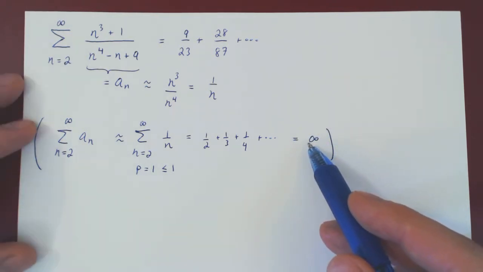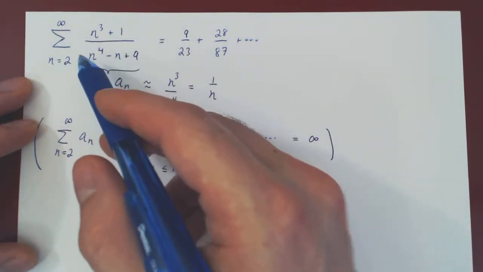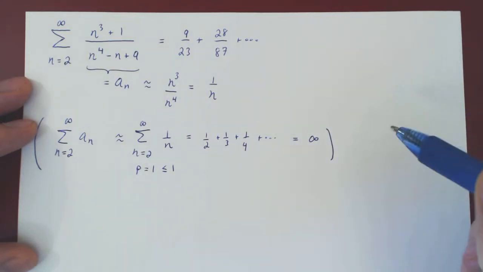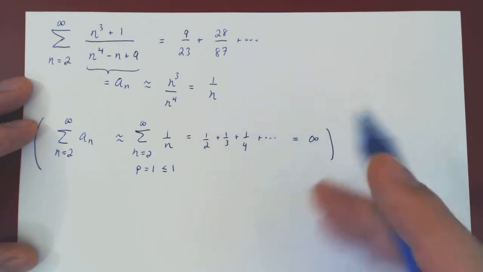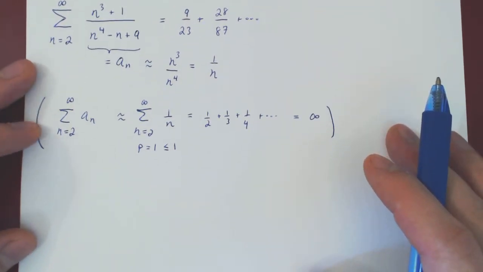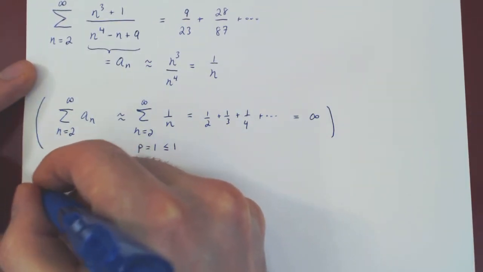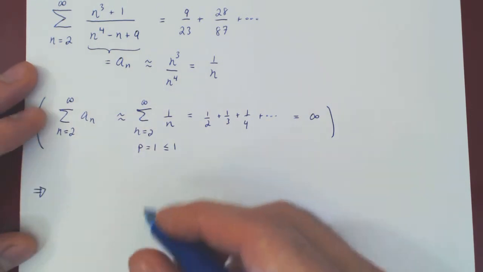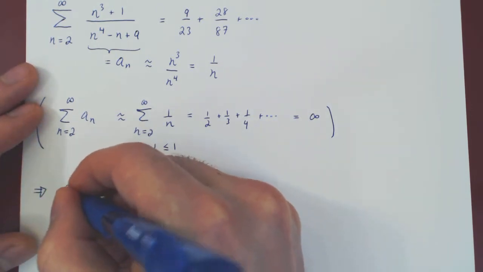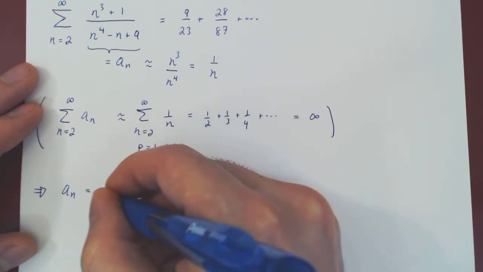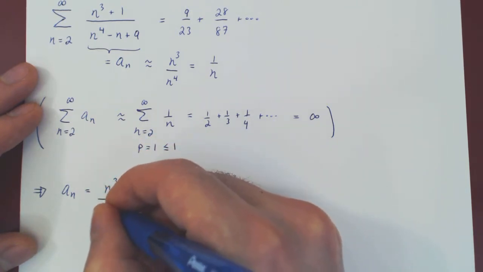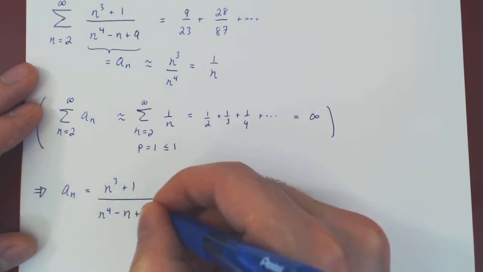So now, what we want is to show that this series is at least as big as infinity. So we want to bound a_n below. So let's see if we can do that. So a_n is n cubed plus 1 over n to the 4 minus n plus 9.